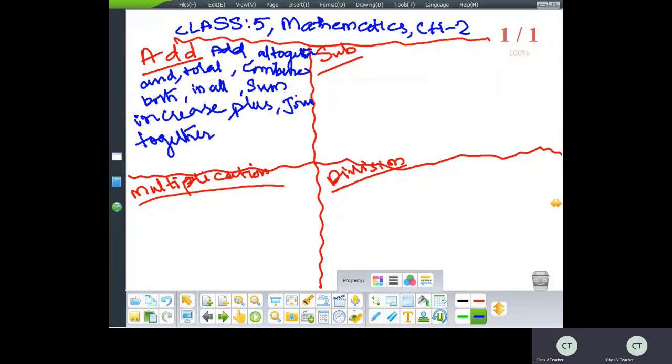So these are some of the keywords. Don't worry, more than this can also be there as per the problem. It depends on the problem.